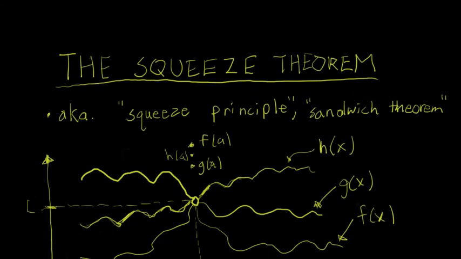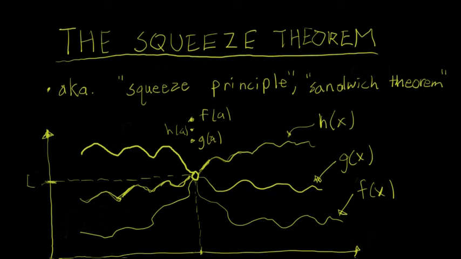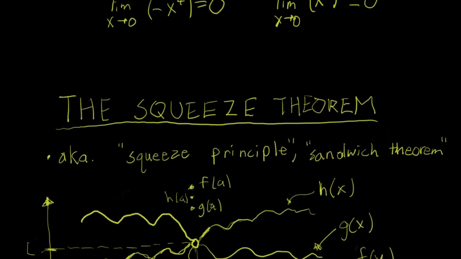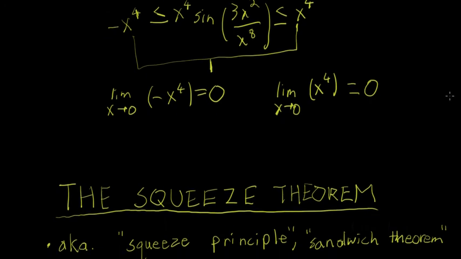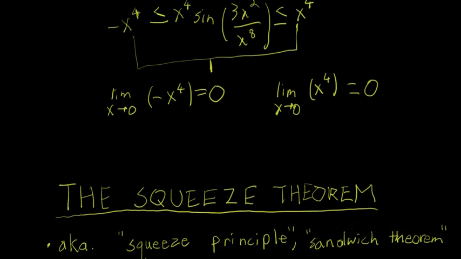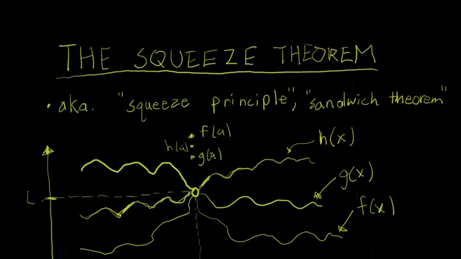And looking at this graph here, this negative x to the fourth was our f of x. The positive x to the fourth is our h of x. Our a here is 0. And the g of x is this function we have in the middle, sine of 3x squared over x to the 8th.